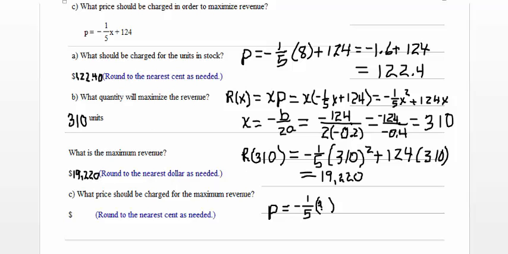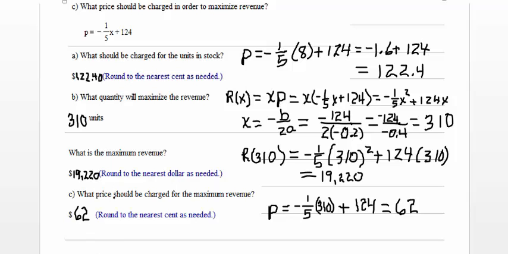So in place of x in the price function, also called the demand function, I put 310. So minus 1/5 times 310 plus 124. So I get 62 when I do this calculation. And that basically is telling me $62 is what should be charged per unit to maximize revenue.